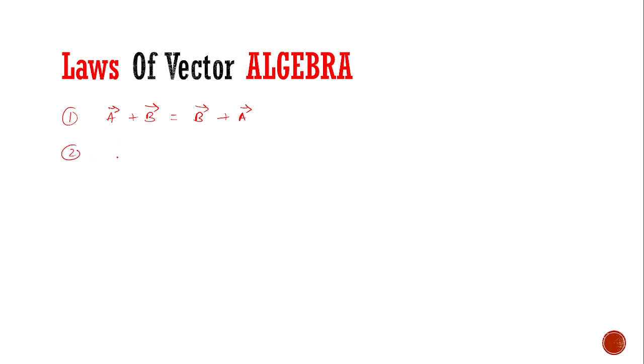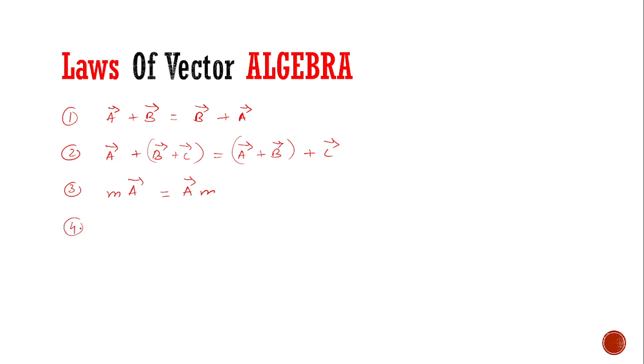Second, A plus B plus C is equal to A plus B plus C, grouped differently. Third, it is MA, where M is a scalar and A is a vector. We can write it this way: AM, where A is a vector and M is a scalar.